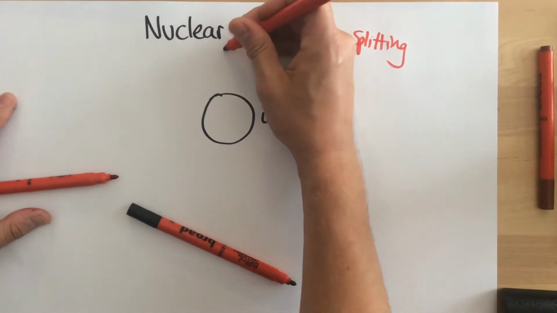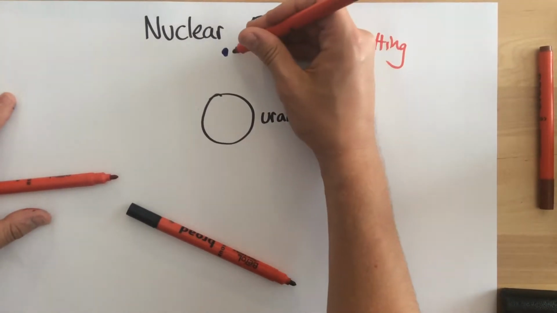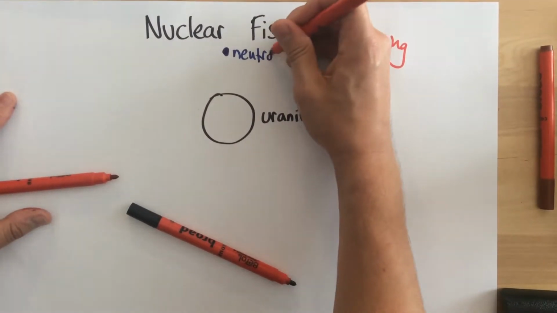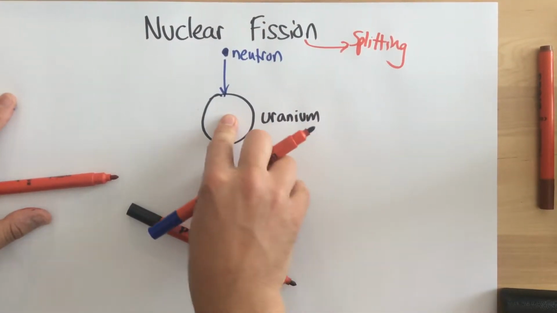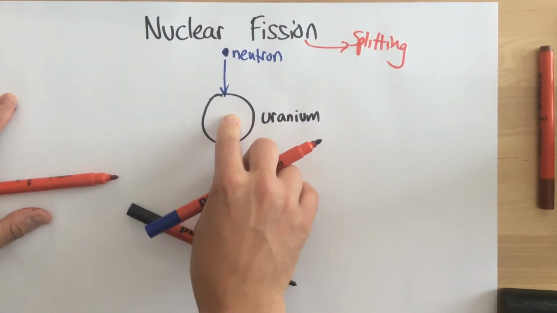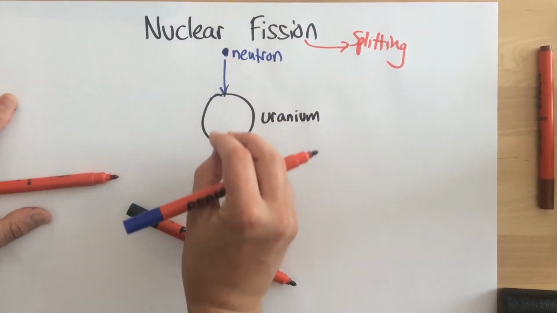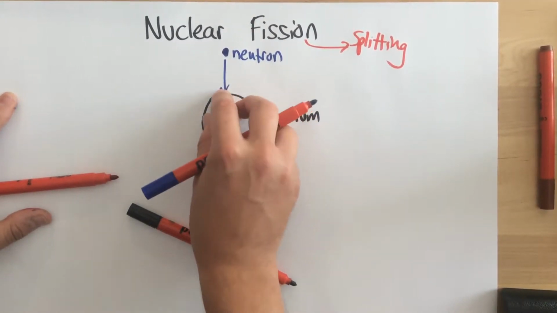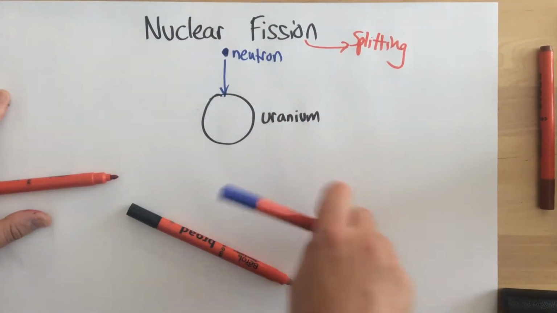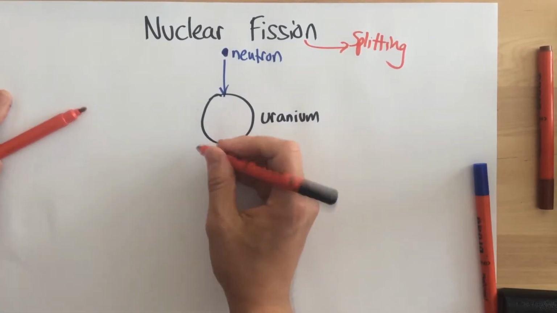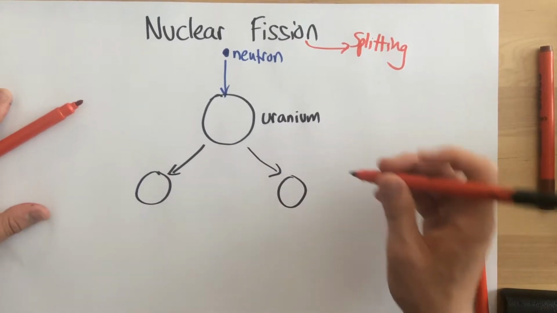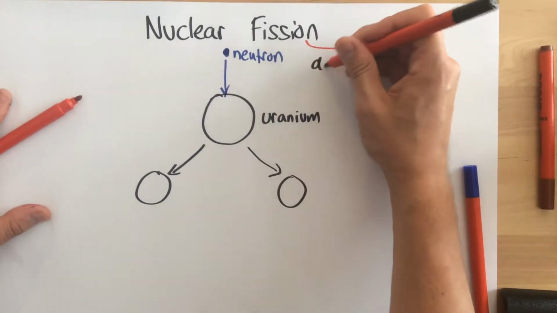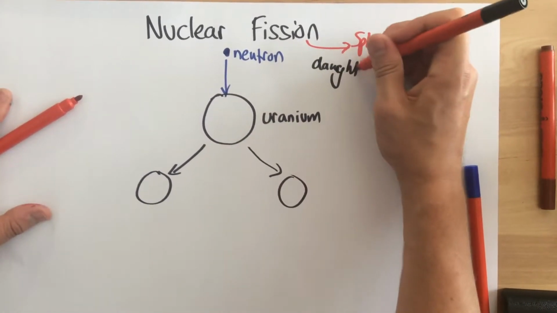So what happens in a nuclear power station is a slow-moving neutron is fired at a uranium nucleus. The uranium nucleus actually absorbs the neutron, which causes it to become even more unstable and split. So it splits into two smaller, what are called daughter nuclei.